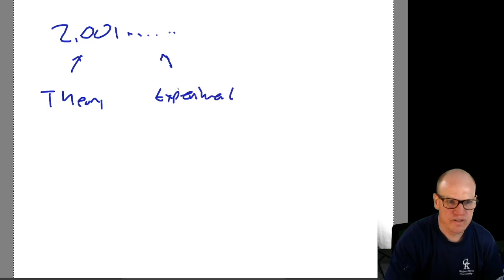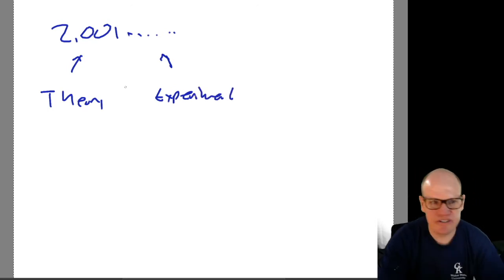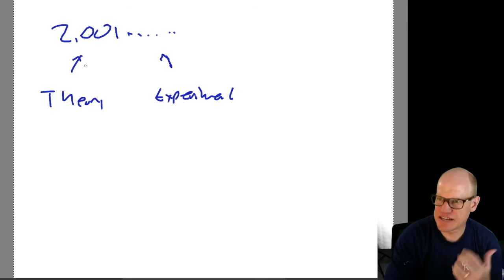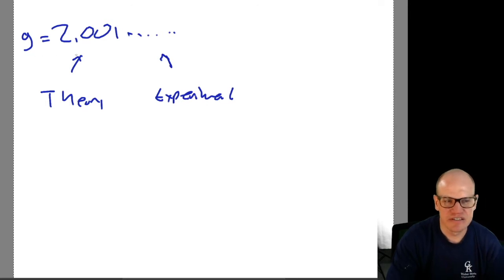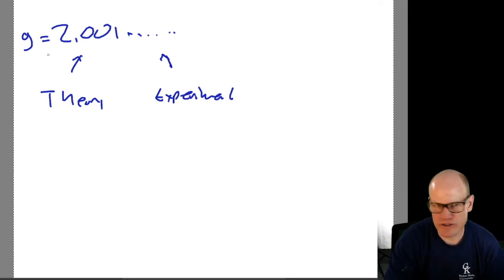So we have an interplay between theory and experiment. We have a way to predict, using fundamental constants and mathematical models, what this quantity should be. It's called the g factor, and it's almost 2, but not quite 2.